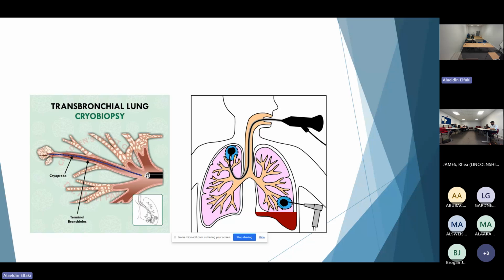So you have a cryobiopsy, right? This is a bronchoscopic cryobiopsy. You pass the cryo probe until the terminal airways, and you get a biopsy from there. And also through thoracoscopy, open lung biopsy.